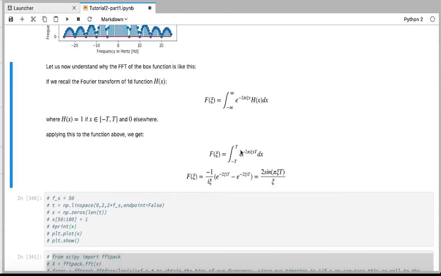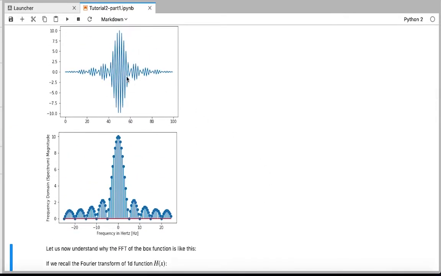It's a simple integral, and then you divide it. You just take this e to the minus 2 pi i x by c, divided by the denominator, and you end up with something like this. It can be written in the form sine pi x by x. The plot of sine pi x by x is called a Sinc function, which looks like this.